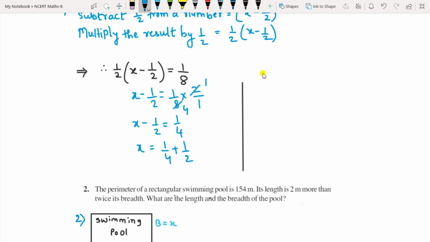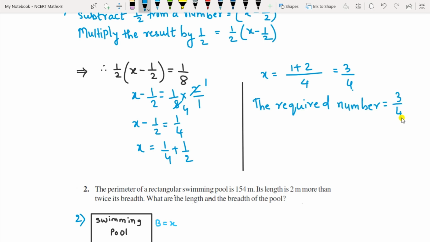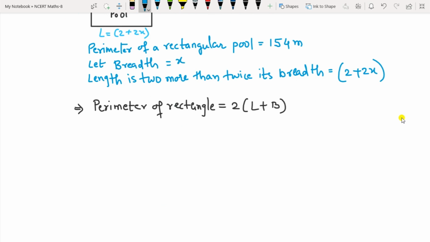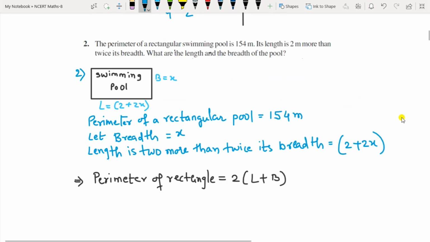Take the LCM, which will be 4, so x equals 1 plus 2, that gives 3 by 4. The required number is 3 by 4. You have to write the answer statement below.